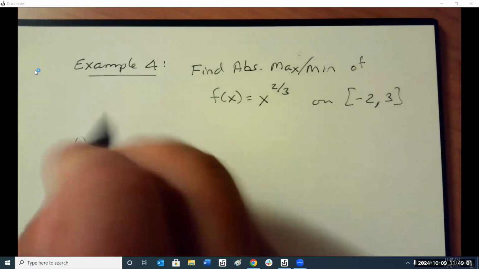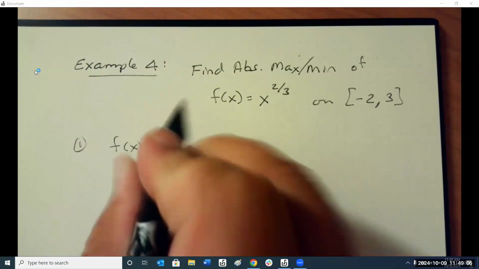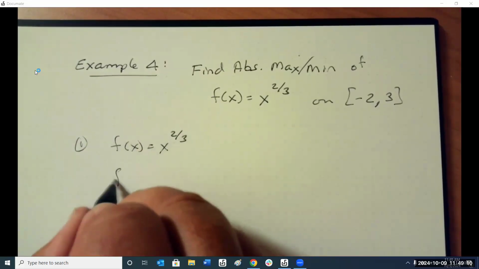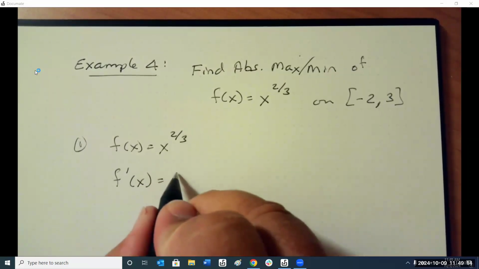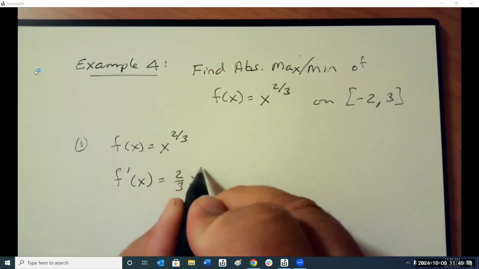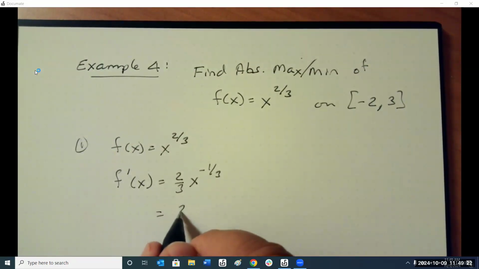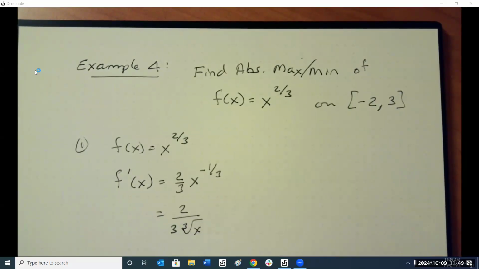So the first thing we have to do is find f prime. So f prime equals 2/3 x to the power -1/3, which is 2 over 3 cube root of x.